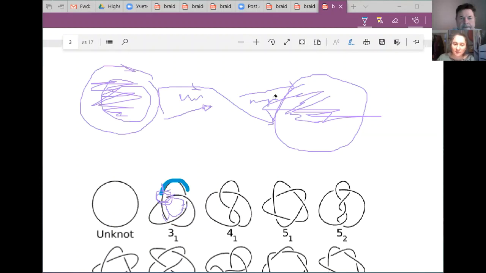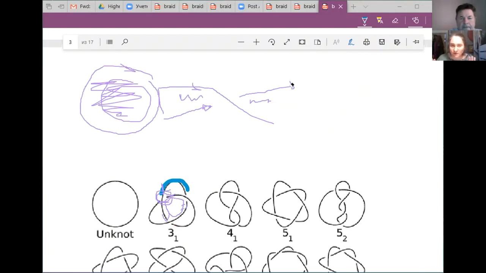I must glue this circle on the edge. Okay. If we have a graph on the plane, in each edge we have a circle.